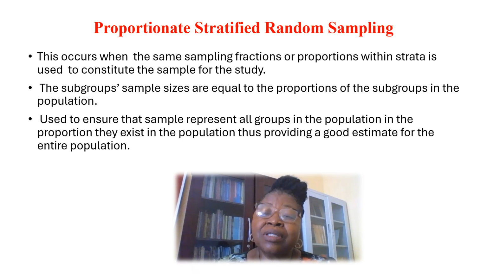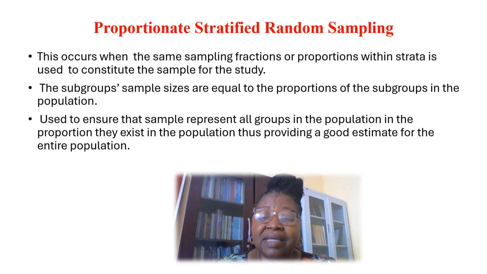The subgroups sample size are equal to the proportion of that subgroup in the population. When do we use this? We use it to ensure that sample represents all groups in the population in the proportion they exist in the population, thus providing good estimate for the entire population.